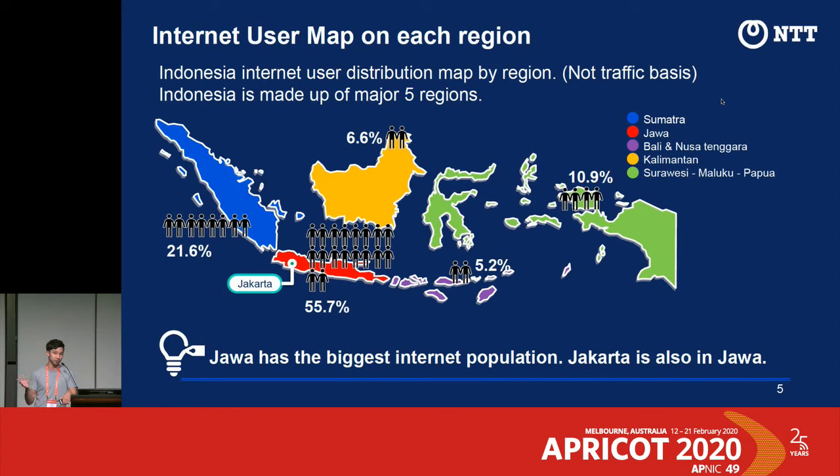Java, which has the capital city Jakarta, has the most internet users. 55% of internet users are in Java. So if you plan to come to Indonesia, we strongly recommend putting the POP in Java. Even if you like parties, I do not recommend putting the POP on Bali Island. Okay?